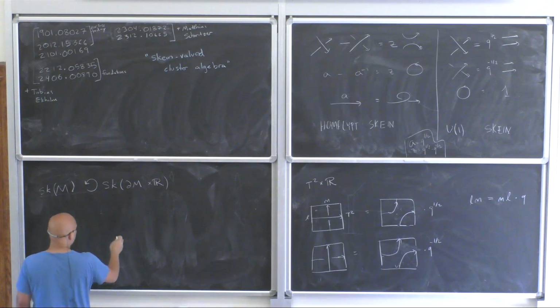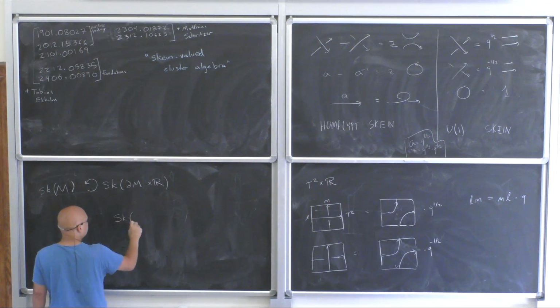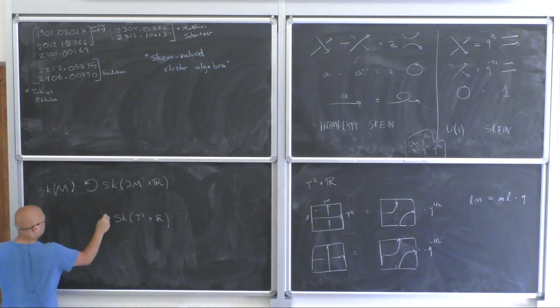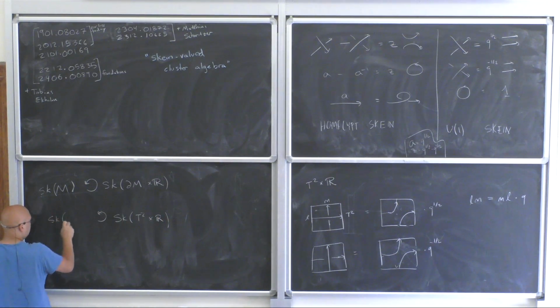In particular, there's an action of the skein of T2 times R on the skein of the solid torus.